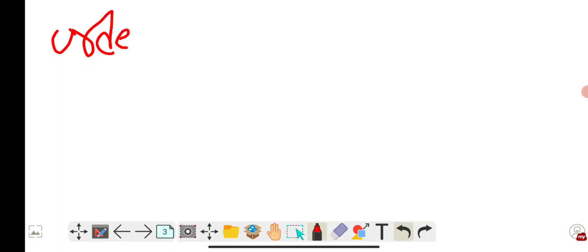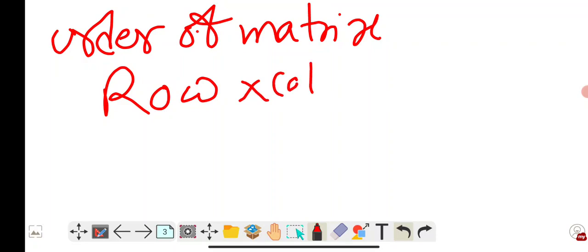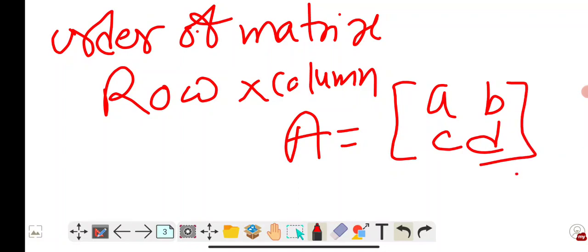Order of matrix. For a matrix, it is simply row into column. So first, A equals to A, B, C, D elements, 2 into 2.